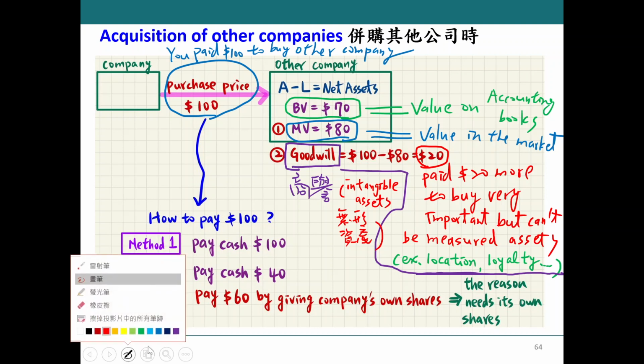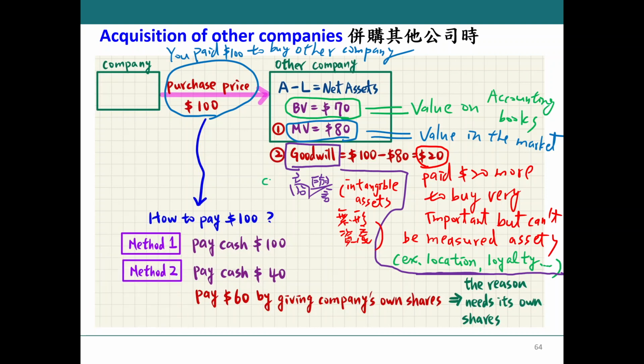If you're interested, it's in chapter 10. So goodwill is like your reputation. It's very important. Okay, so that's why your company is willing to pay $20 more to buy goodwill, 商誉, to buy very intangible but cannot-be-measured assets.